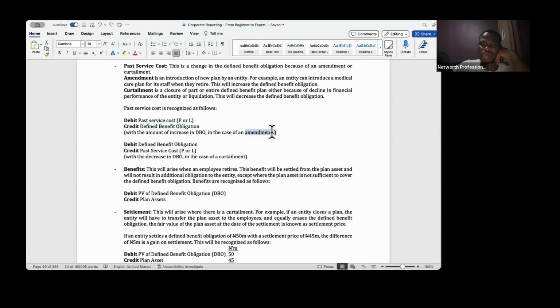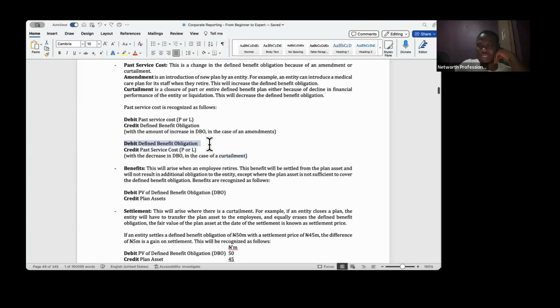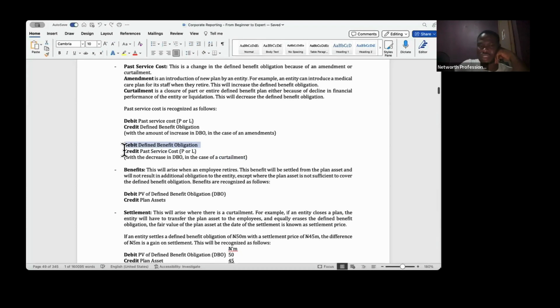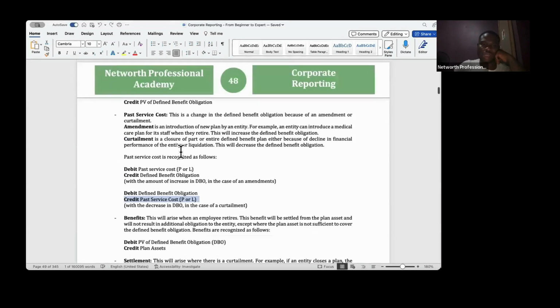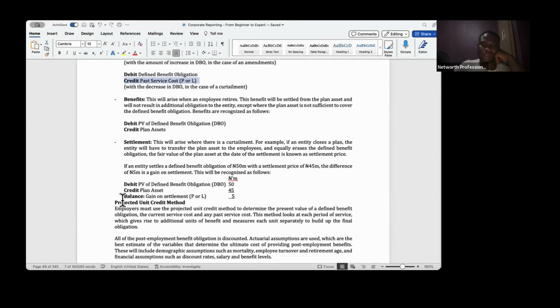If it is a curtailment, that would decrease it, because curtailment is closing a part of a plan or everything. So that would debit obligation to reduce it, then P&L as past service cost. So that's that for past service cost.